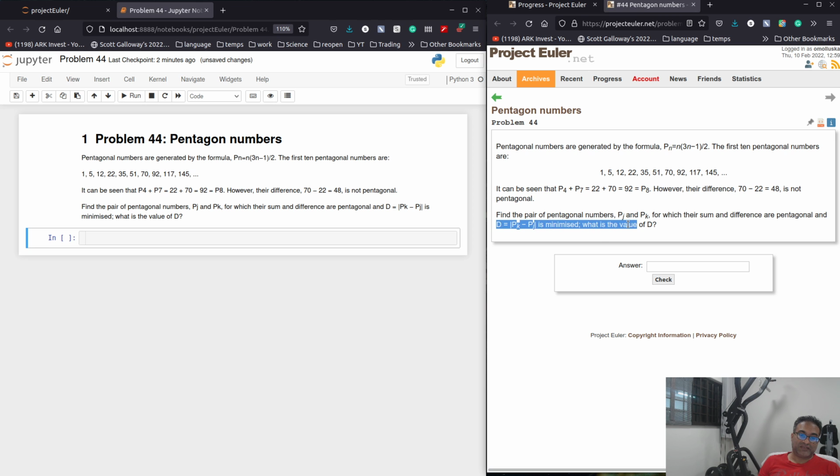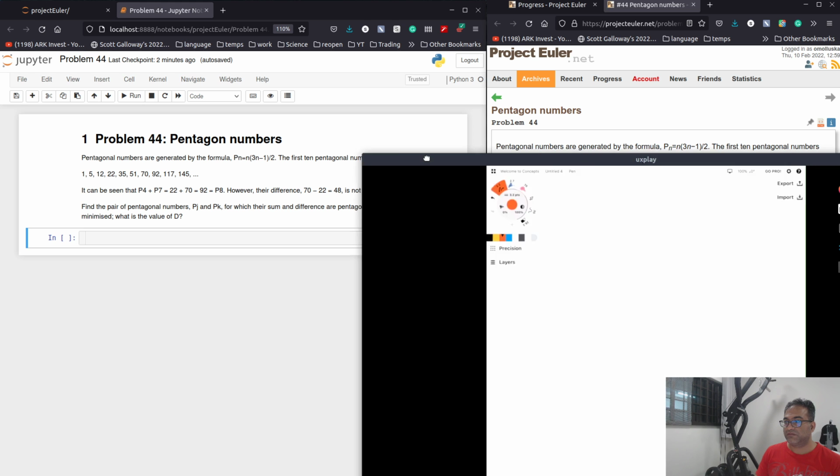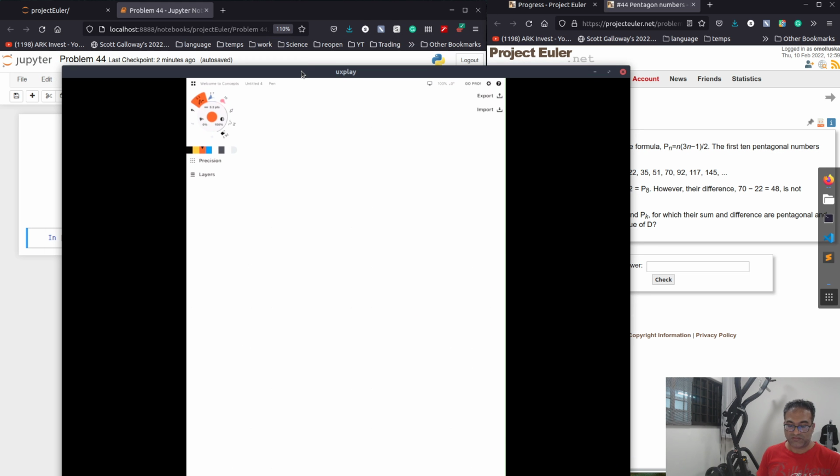So I'm guessing there is more than one such pair, and we have to find the values of j and k for which the difference is minimum. We can do a brute force, but that will be quadratic in j and k, so that's not a good option. Let's see whether we can find an easier solution.